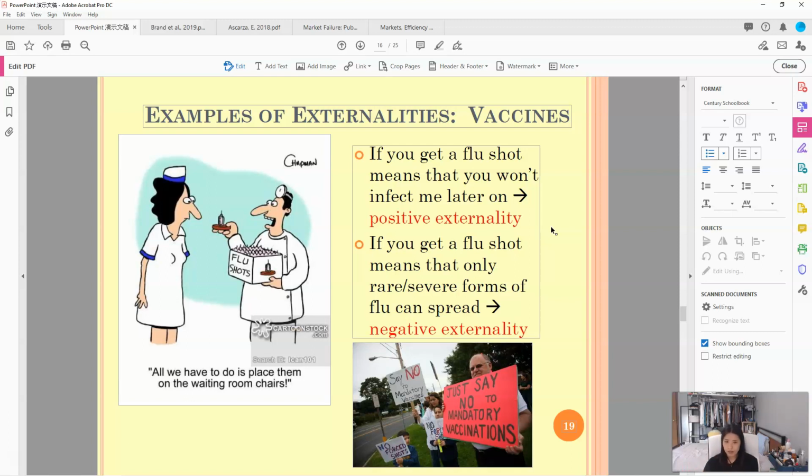But on the other side, that would be a negative externality, because it means there is some possibility that I would infect other people with other kinds of flu.